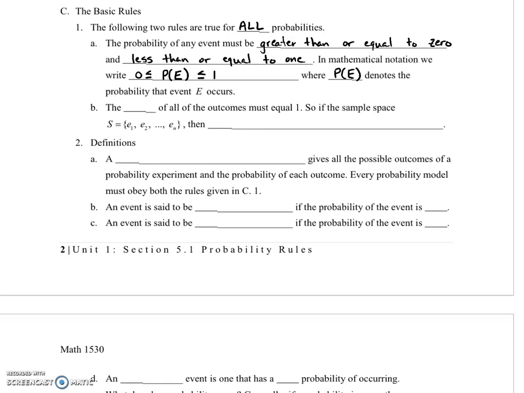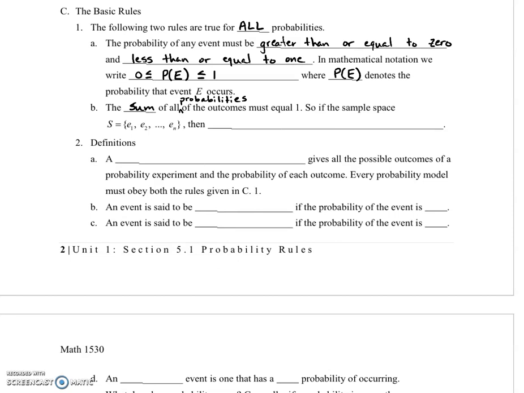The other rule that has to be true for all probabilities is that the sum of the probabilities of the outcomes, the sum of all probabilities, must equal 1.